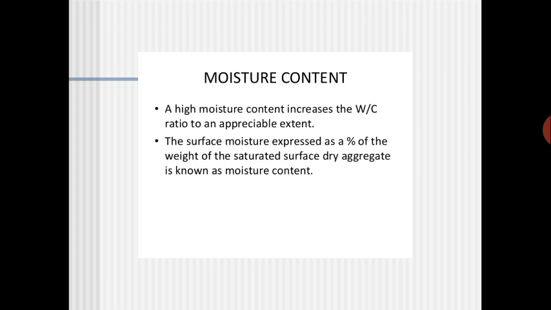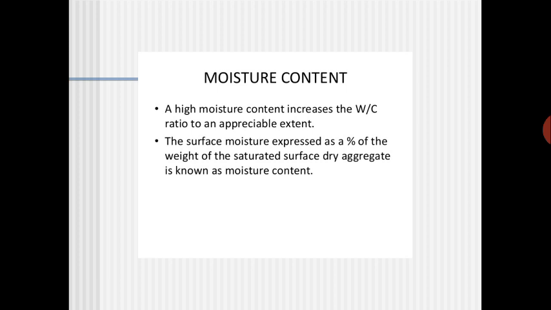Then the same amount of aggregate you put in the water and take it out and measure the weight of that, and you take the percentage weight of the dry as well as the wetted aggregates, multiply by 100. So that will give you how much water content is absorbed, that is in bulk condition.